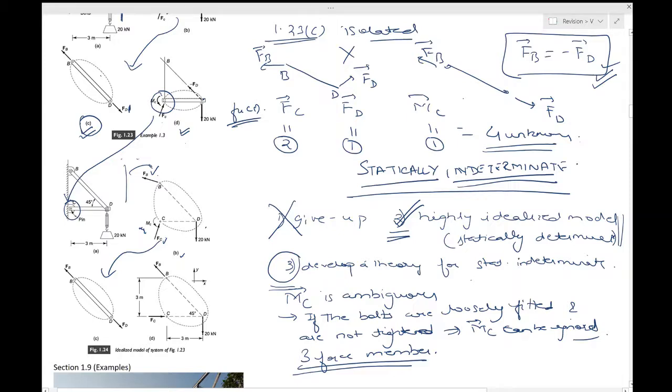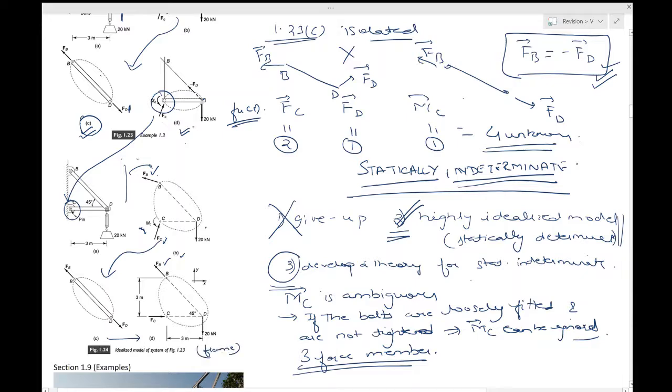Since this is a 2-force member, FB must be along the line BD. Now you return to the entire frame with this information, so it looks like this. FB will clearly be in this direction. FD we are not showing now because it's not an external force. So this is for the whole frame.